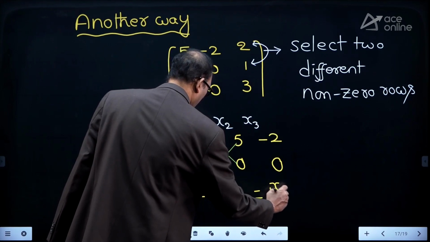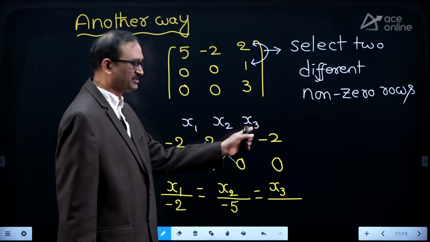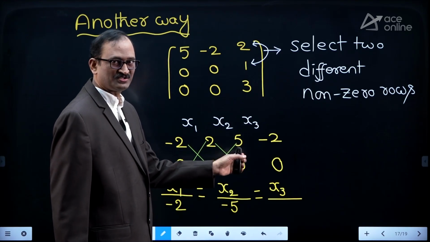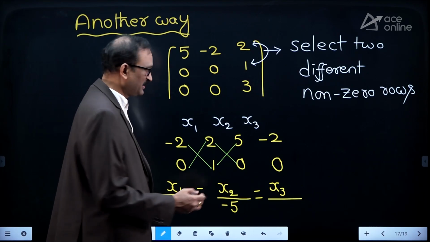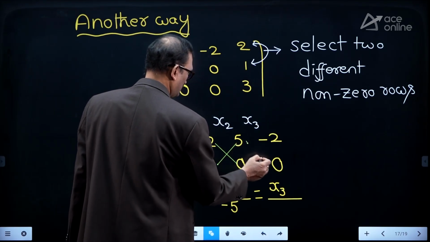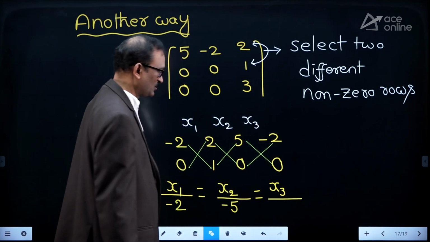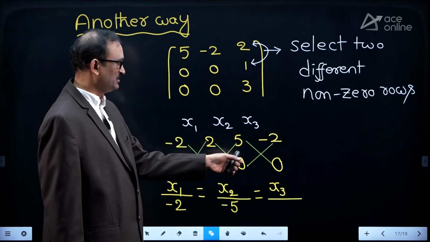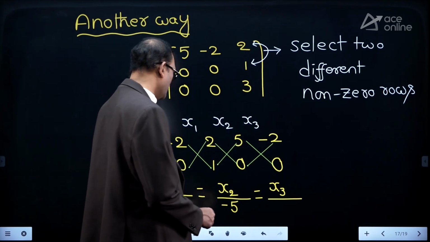Next x3 by x3 value lies between these two columns. So treat it as one 2 by 2 matrix. So find the determinant of this 2 by 2 matrix: these two product minus these two product, that is 5 into 0 minus 0 into minus 2, ultimately it is 0 only.